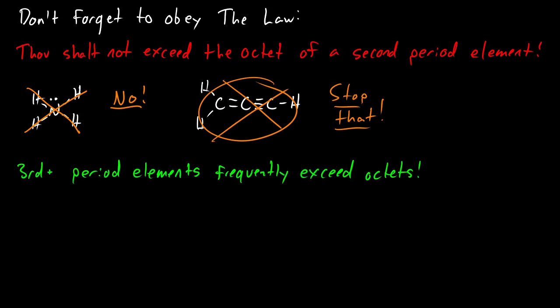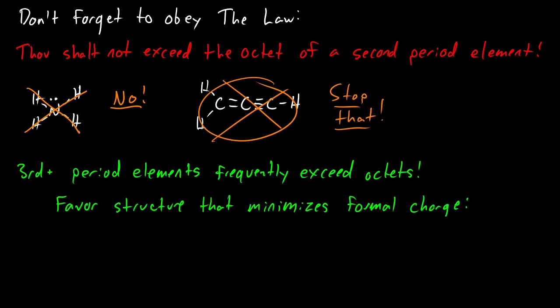It is, however, common for third period and above elements to frequently exceed their octets. We will very frequently see this with things like sulfuric and phosphoric acid. And just like in general chemistry, we're generally going to say that you favor the structure that minimizes formal charge. So for instance, this is a potential structure for phosphorus acid, H3PO3, but we would favor the structure that does not put formal charges on the oxygen and the phosphorus.